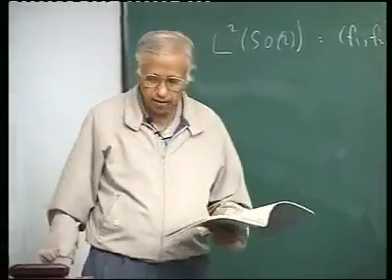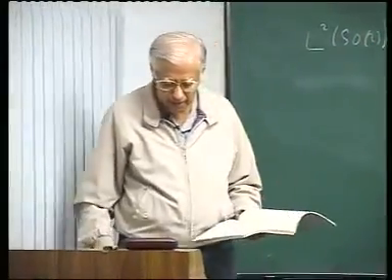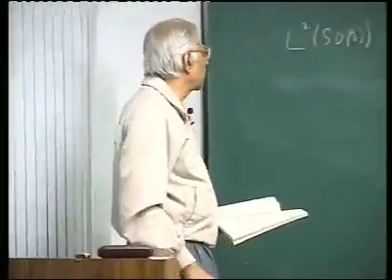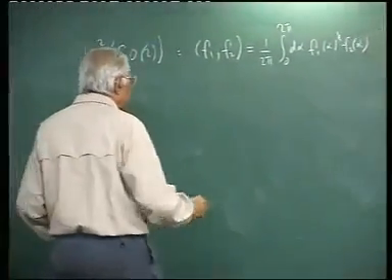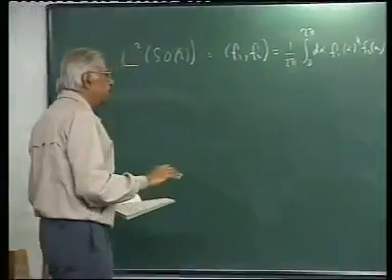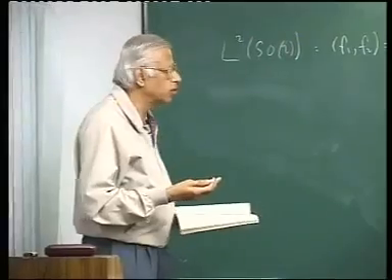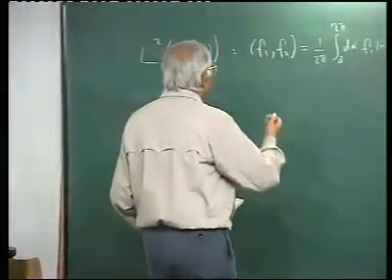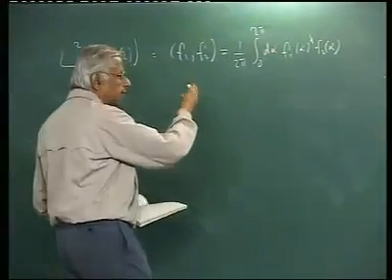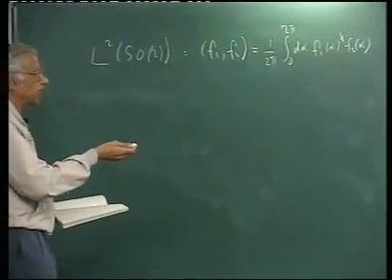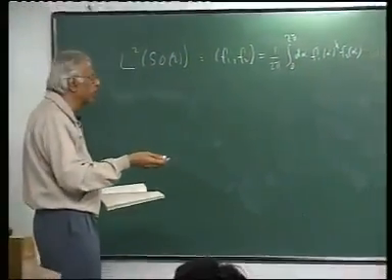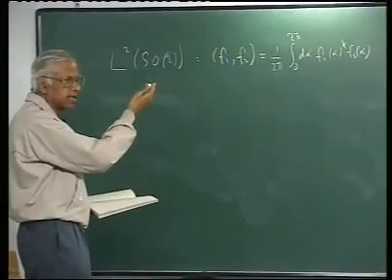And I probably did not mention yesterday explicitly that this scalar product is invariant in the senses we used for the case of a finite group. If you make a translation of the group element from the left by any amount or on the right by any amount, obviously this will not change.